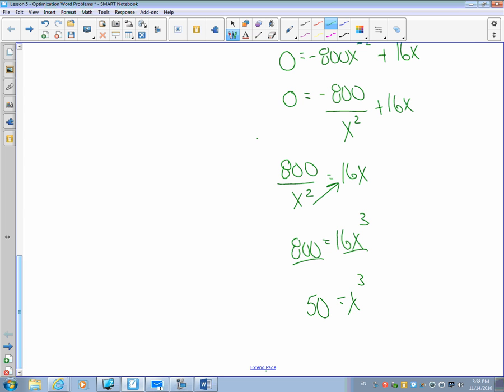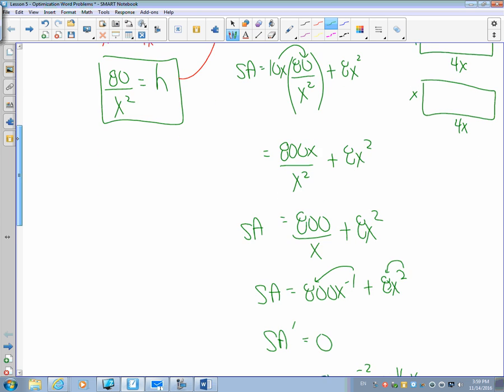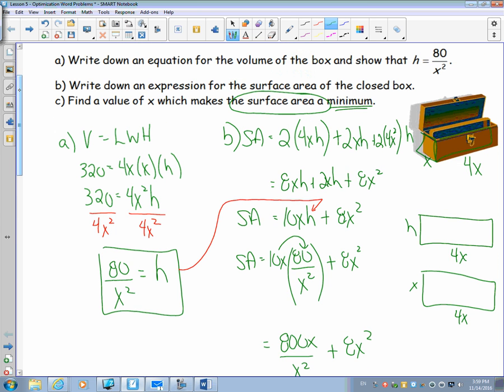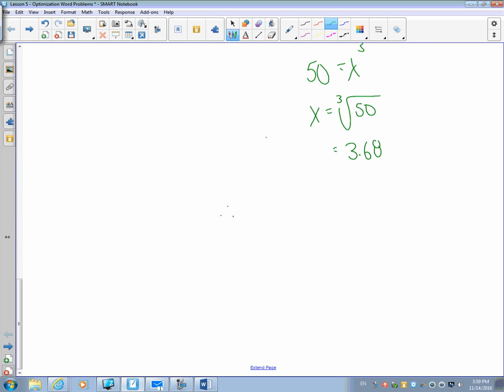So x will be the cube root of 50, which gives you approximately 3.68. The question was, way back up here, find the value of x which makes the surface area minimum. So therefore, the surface area is a minimum when x equals 3.68 centimeters.